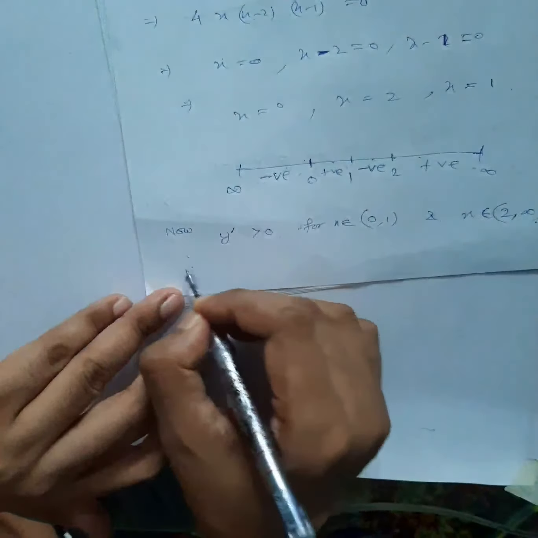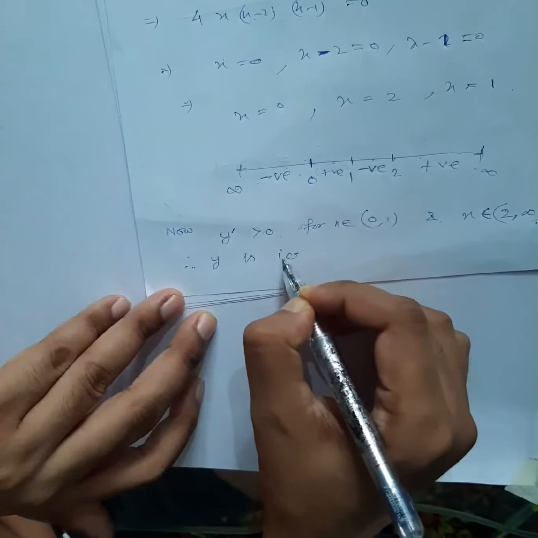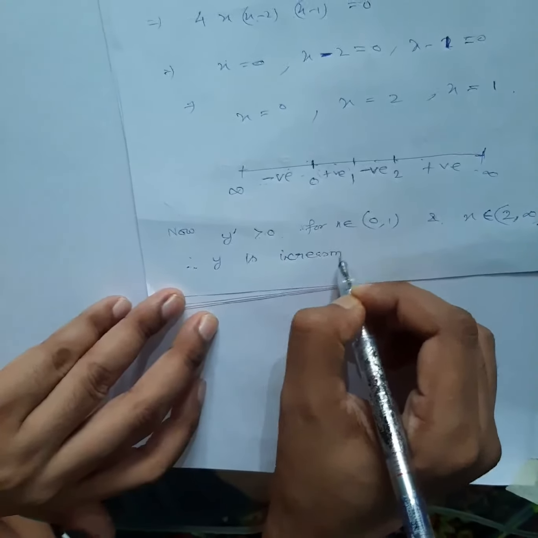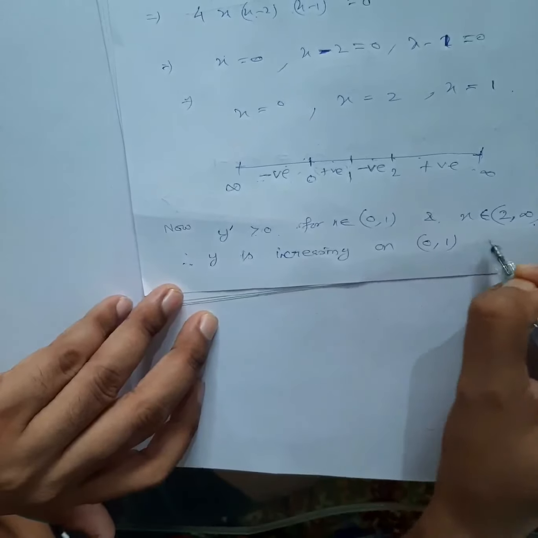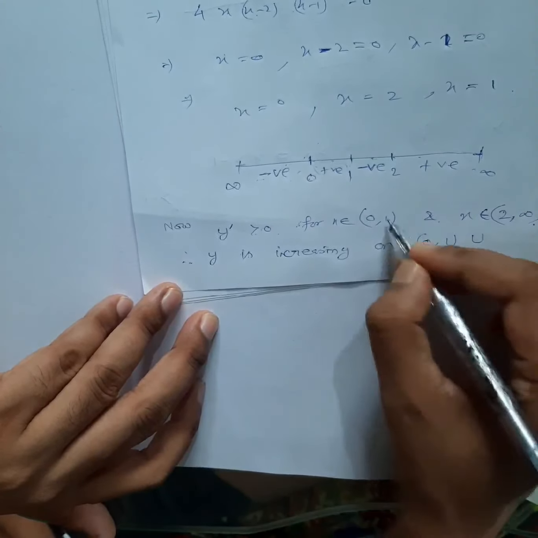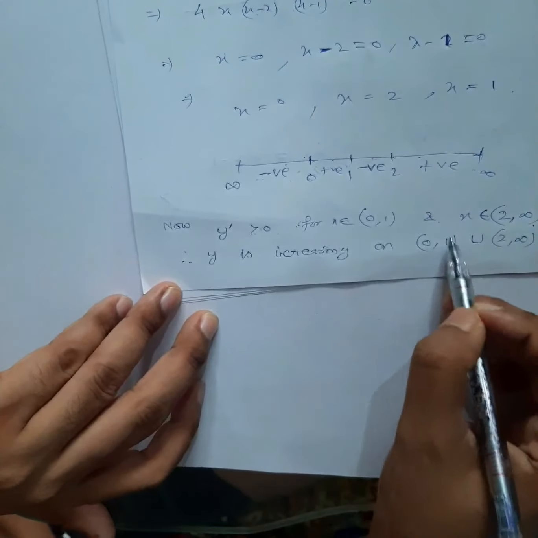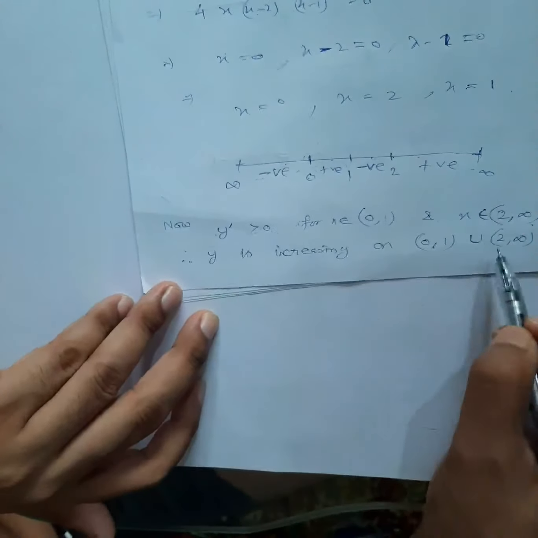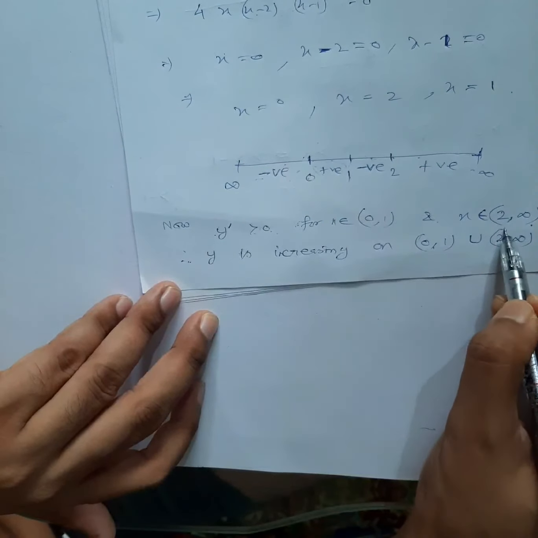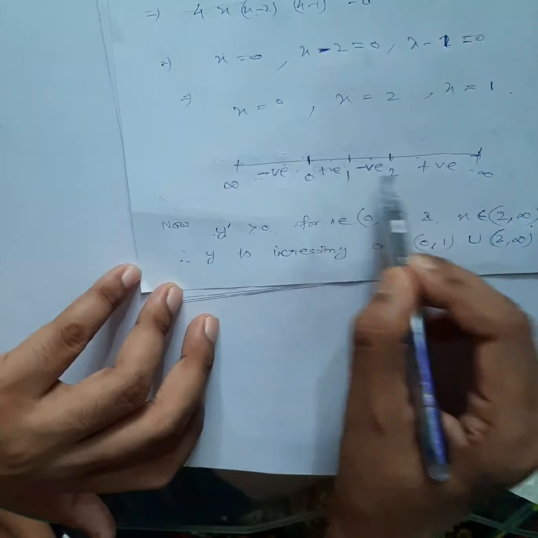Therefore, can I write y is increasing on 0, 1, union 2, infinity. Whatever element you have here, for those values this will be greater than 0. Whatever value you have in 2 to infinity, for that also it will be increasing, that is positive.